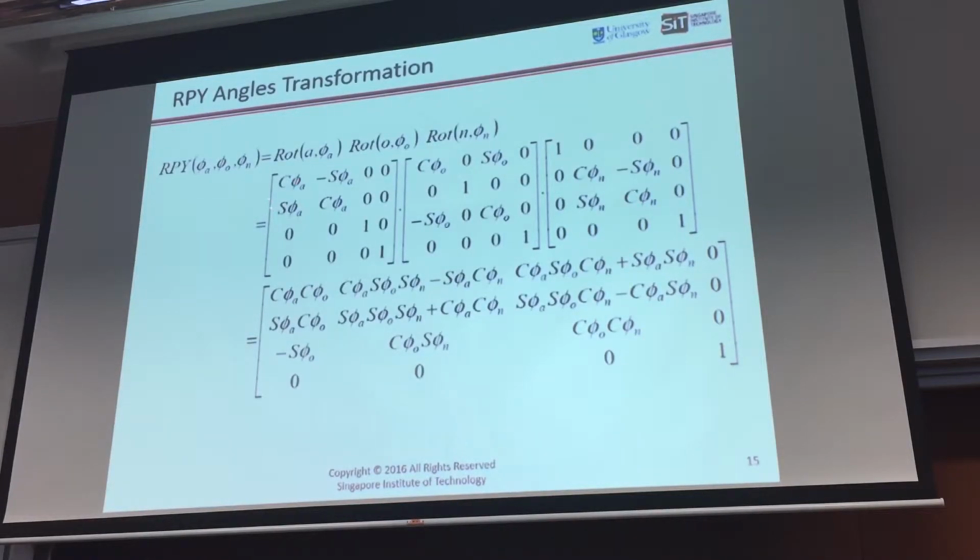So all you need to do is make sure you put in the right rotation matrices and multiply them. The carelessness comes in when you're doing this multiplication. You can either do this first and then multiply with this, or multiply these two matrices first and then multiply this. Up to you. You should get the same answer.